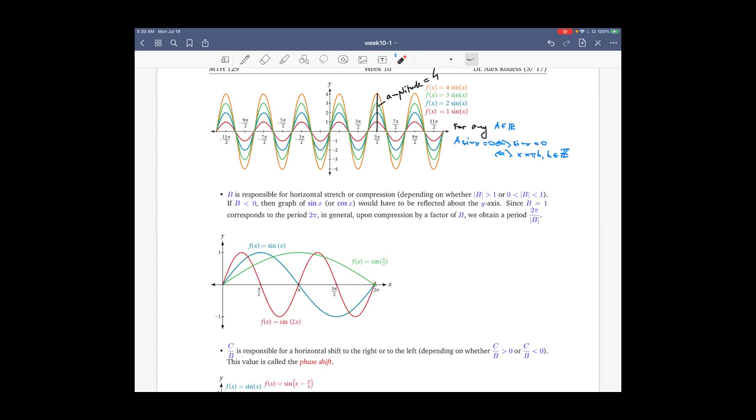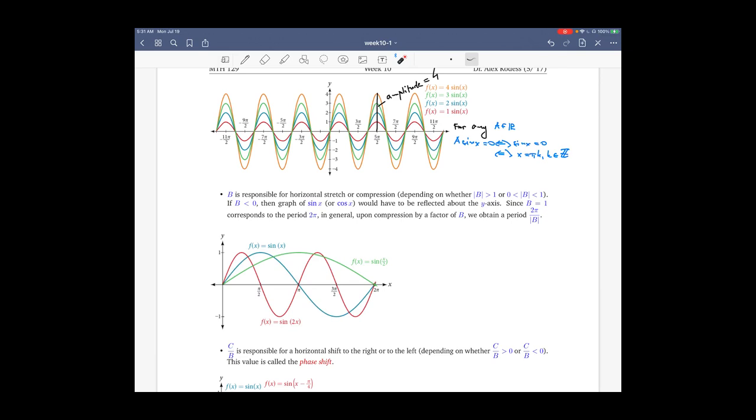The period of the standard sine or cosine function is 2 pi. And when you stretch or compress by B, you are, of course, changing the period. For instance, here in the picture, the blue curve is the standard sine x function. The red curve is sine of 2x.